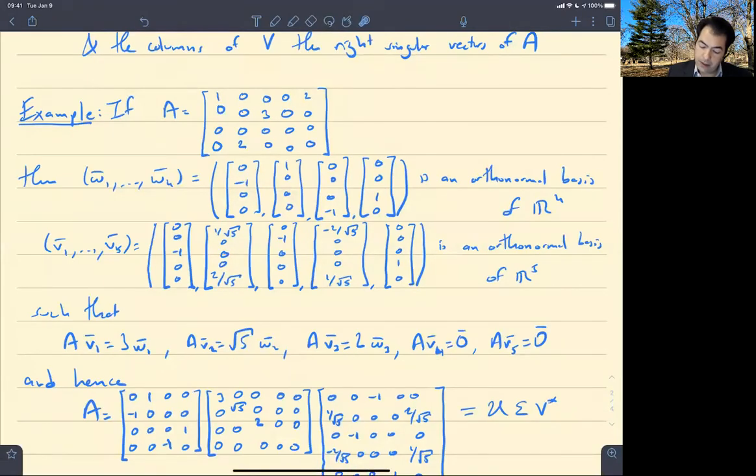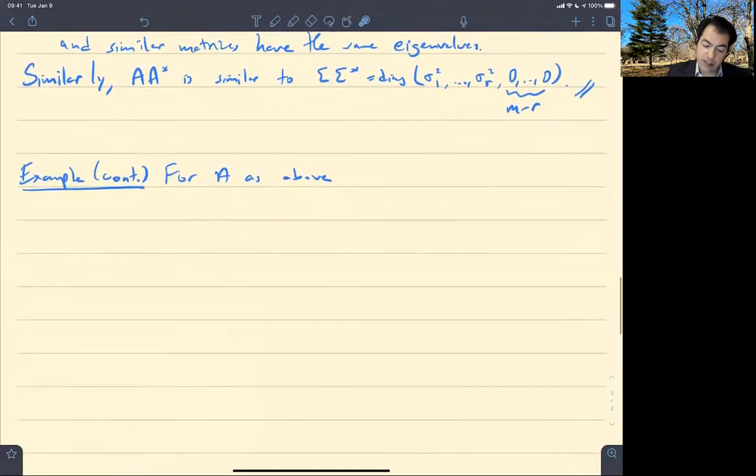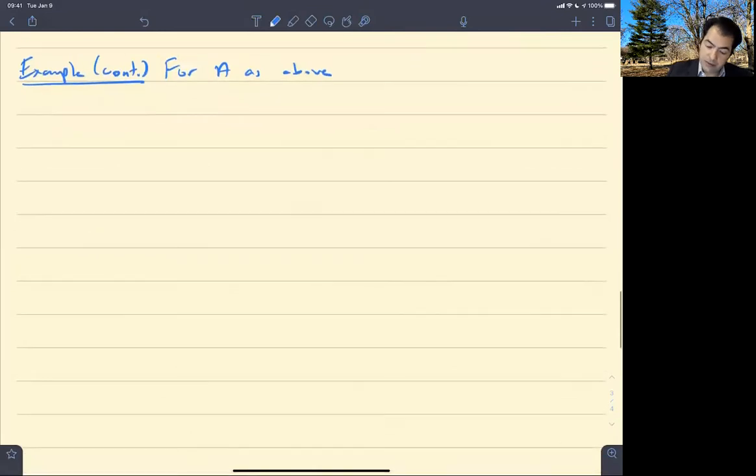The way you find the singular values is by looking at A A star or A star A. In this case, for A as above, A A star is equal to 5 0 0 0, 0 9 0 0, 0 0 0 0, and 0 0 0 4. So in this case, this matrix is diagonal. That's very special; it just happened from this example.